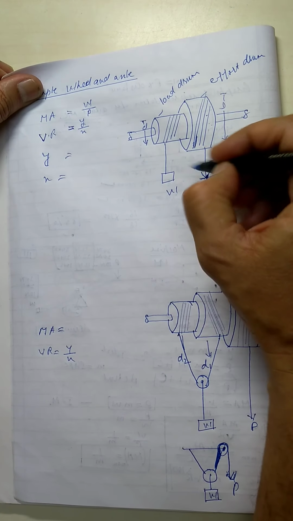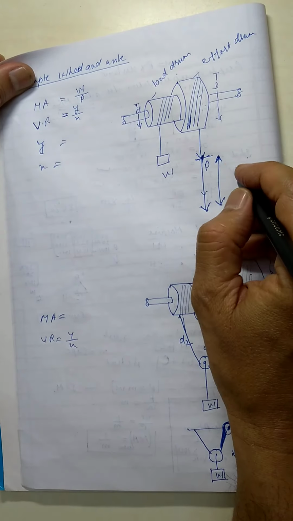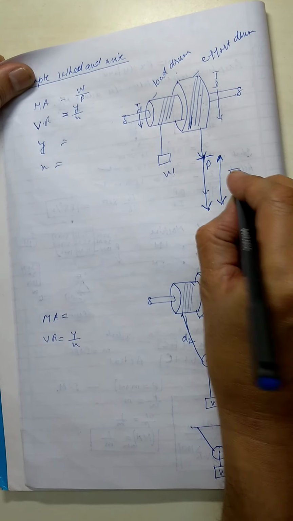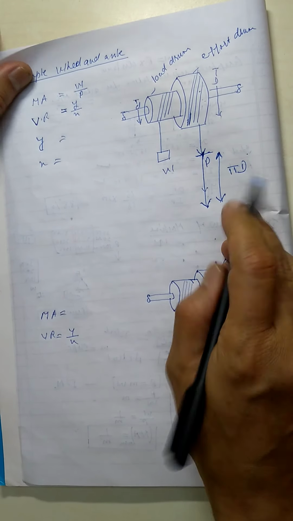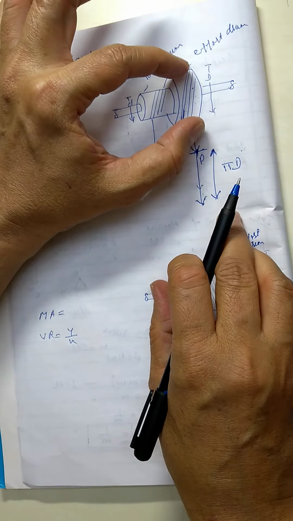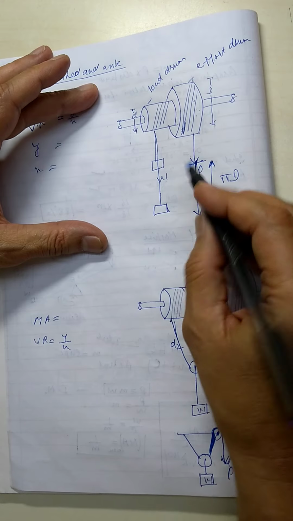The circumference is equal to pi D, where D is the diameter of the effort drum. Now coming to the load, previously the load was here and the effort was here.